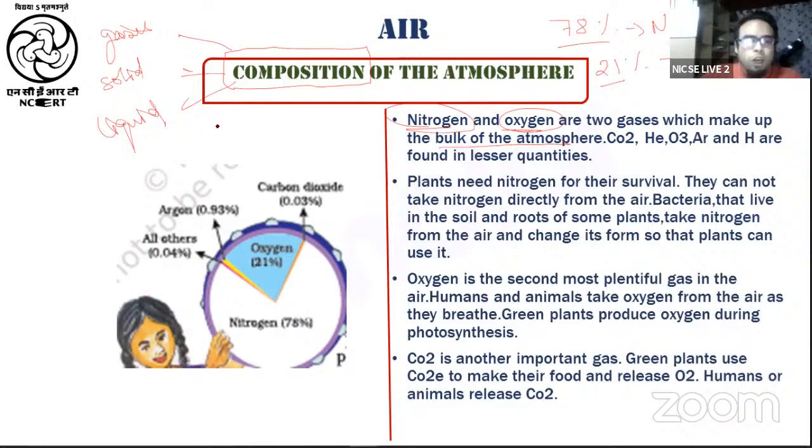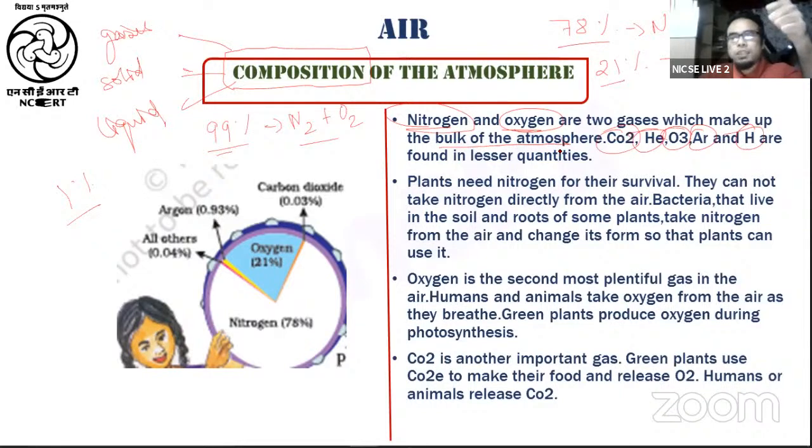So meaning, if I have to talk about the composition of the atmosphere, 99% is made up of nitrogen and oxygen, right? Then the rest 1% would include carbon dioxide. It can include helium, we have argon, we have ozone, we have hydrogen, right?